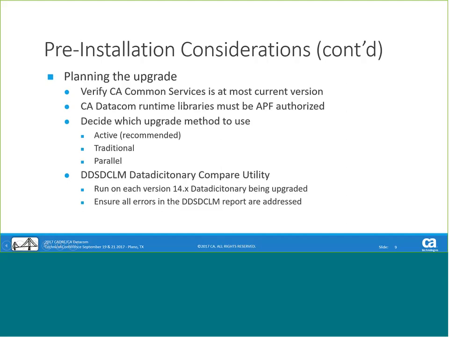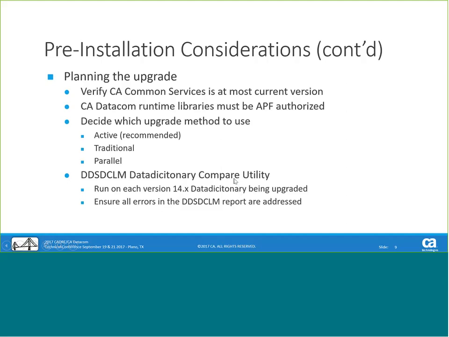The other pre-consideration is your data dictionary, and there's the data dictionary compare utility, DDSDCLM. It should be run if you're at 14.0, 14.1, or 14.2. You need to run it on each data dictionary.